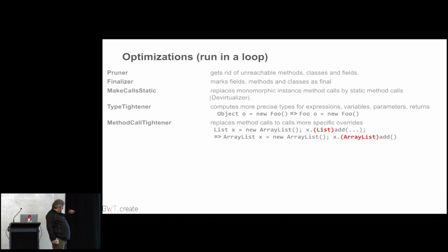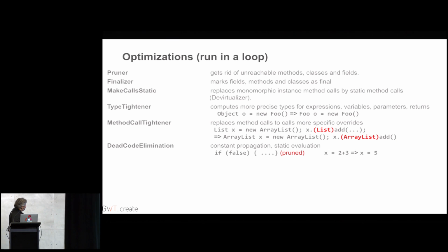But if we type-tighten to ArrayList first with the type tightener, then when we look at the dispatch, because the actual type of the variable recorded here is ArrayList, we can make a more specific call. Instead of dispatching to List.add, we now dispatch to ArrayList.add. And this eventually, in this case, will turn into a static dispatch, because it's exactly ArrayList. So we know exactly which method needs to be called and it can be transformed into a static call.